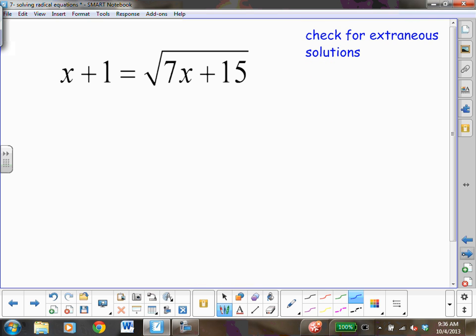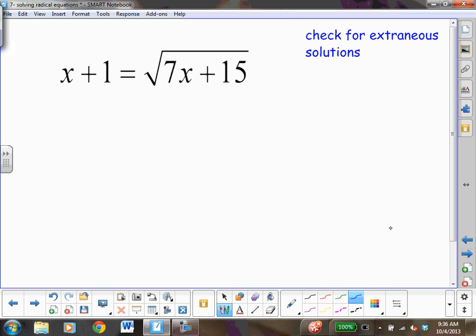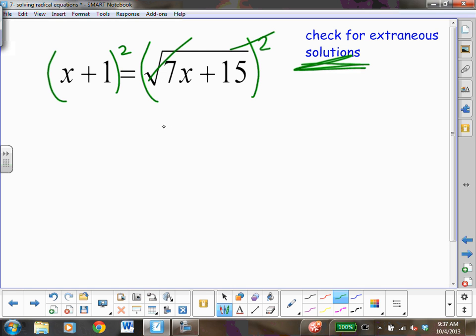Now for a slightly more complicated problem, I have x plus 1 equals the square root of 7x plus 15. So again, I'm going to have to check for extraneous solutions. So I'm going to square both sides. The square and the square root cancel each other out on the right-hand side.